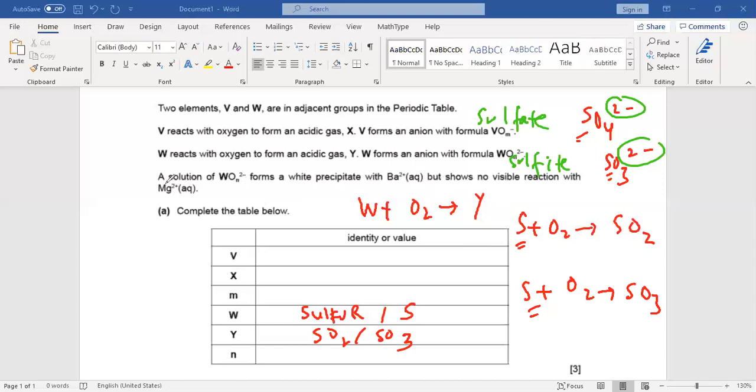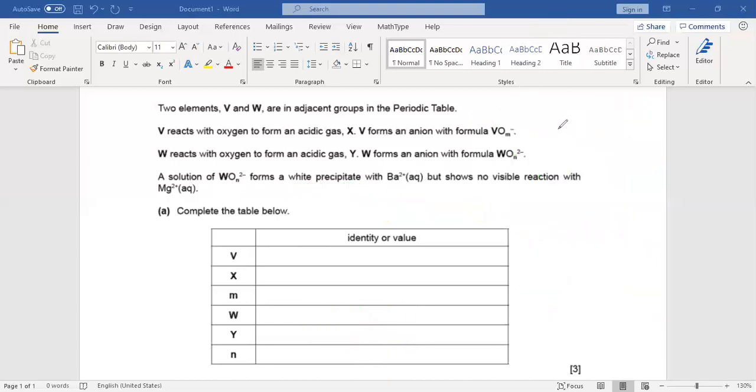So how do I prove it? It says that a solution of WOn 2 minus forms a white precipitate with aqueous Ba, meaning barium dissolved in water, but shows no visible reaction with Mg. It is valuable to note that in group 2 of the periodic table we have beryllium, magnesium, calcium, strontium, and barium.